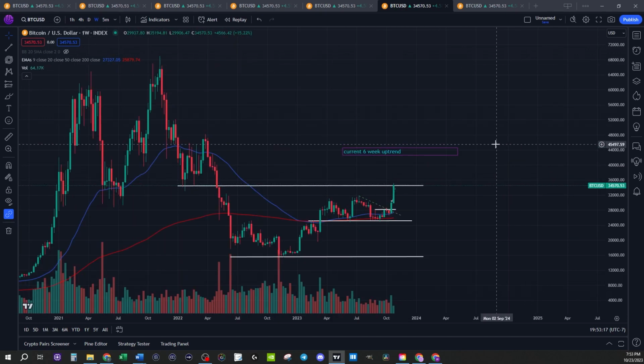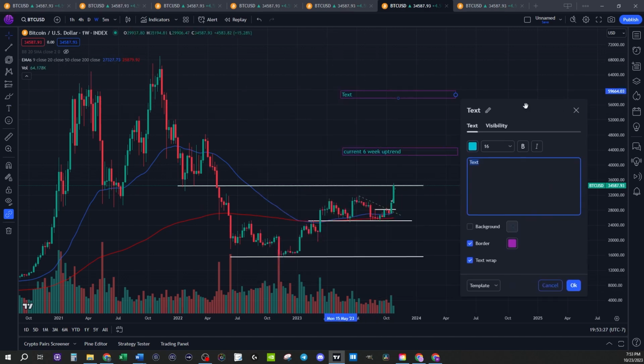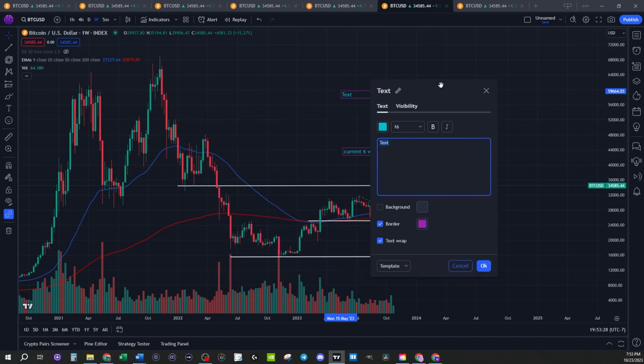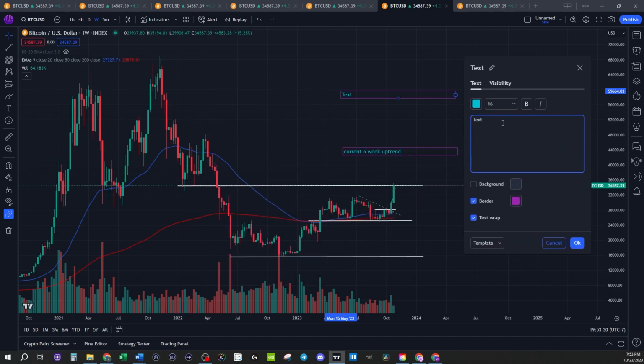And real quick, this is how you're gonna take notes in TradingView. Go to the left-hand side taskbar, hit the text icon, and just click anywhere on the field. And you can grab this box and move it around, and you can just type in your text. And you can say whatever you want. And we can say, confirmed 6-week uptrend.